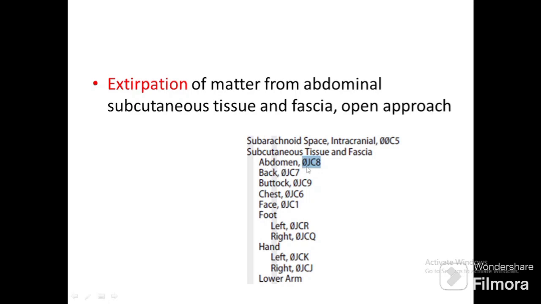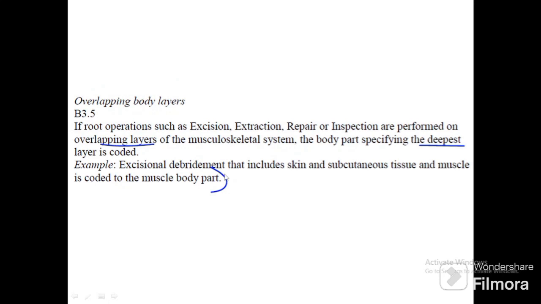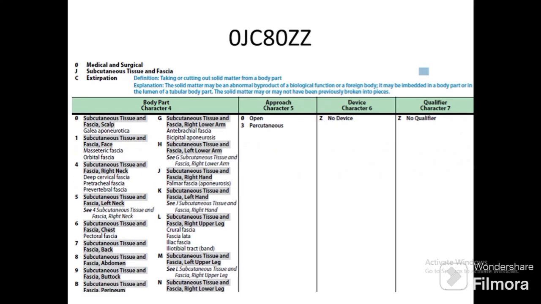So abdomen, 0JC. So we should go to the table 0JC, and we should use subcutaneous tissue and fascia of abdomen, so 8, and the approach is open approach and with no device and no qualifier.